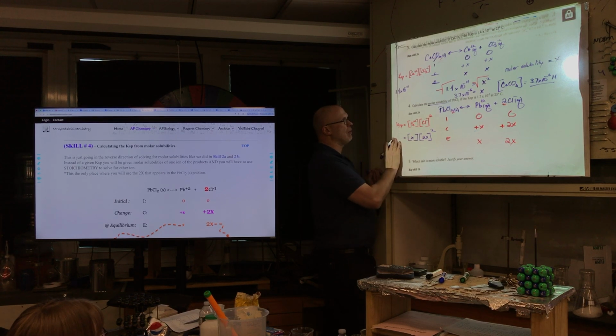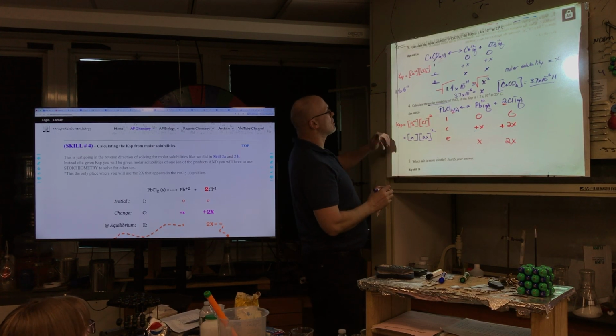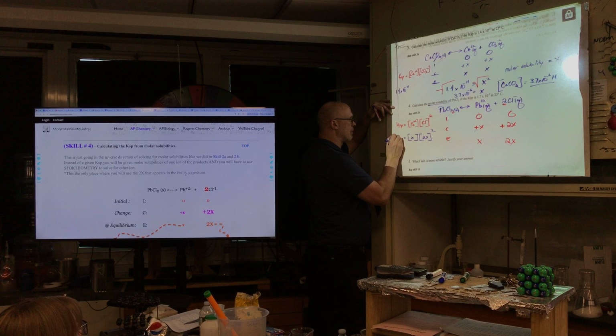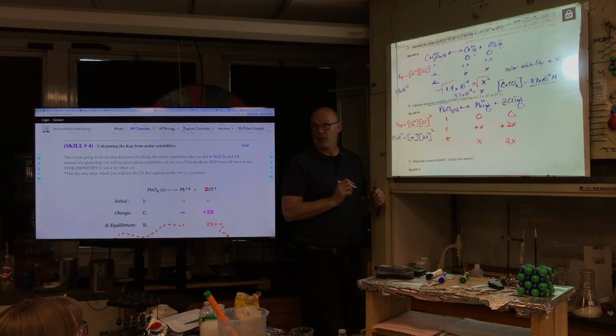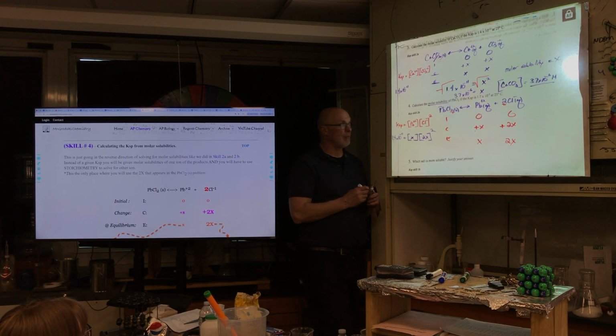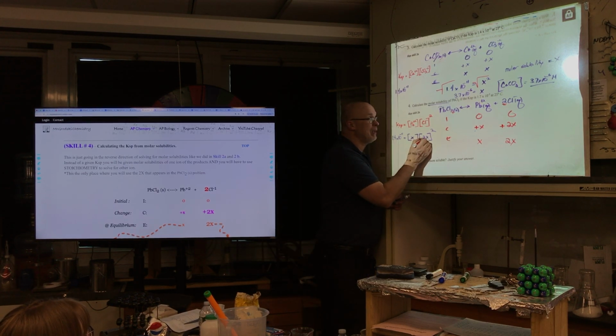Now what does this equal? This equals 1.4 times 10 to the negative 11. Now, people get confused. They say, Mr. Grodsky, why do we have a 2 here when there's a 2 here?